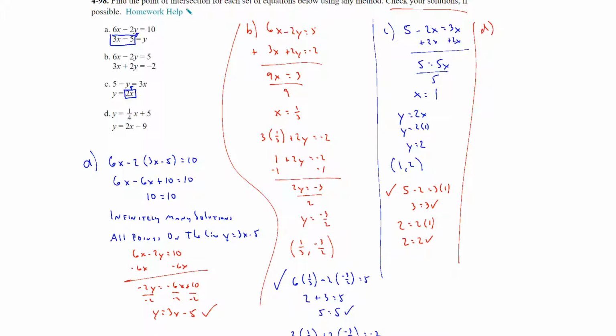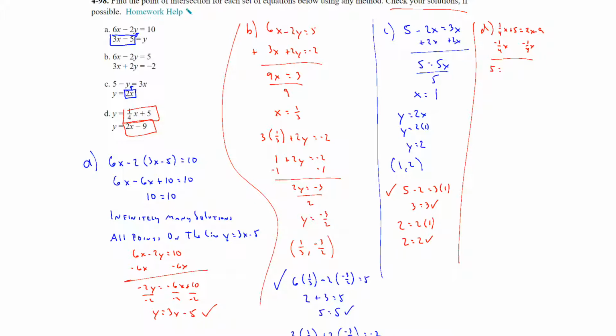And then the last one, D, we have y equals 1/4 x plus 5, and y equals 2x minus 9. We can use the equal value method to set these two expressions equal to each other. 1/4 x plus 5 is equal to 2x minus 9. And we'll subtract the 1/4 x to this side.